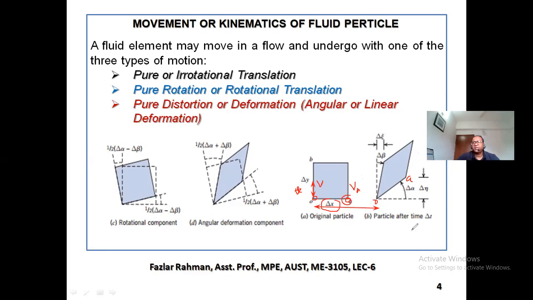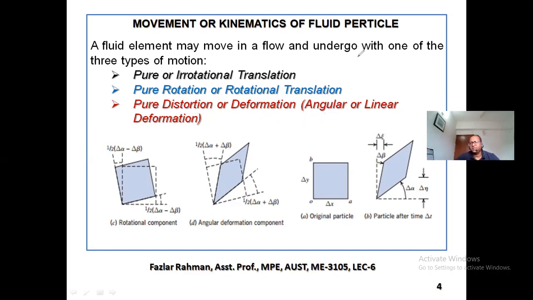Then you multiply by time, and you can figure out this distance, how much faster it is traveling. Okay, so let's see, we'll derive one thing. So there is rotation or rotational translation, pure distortion, also called angular deformation of the fluid.